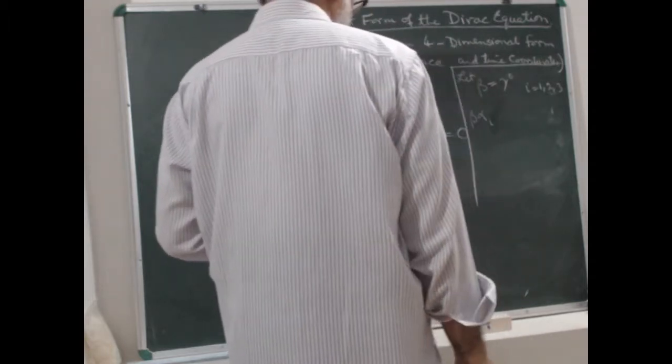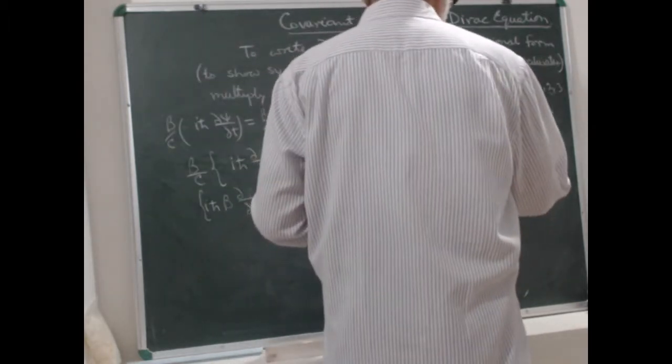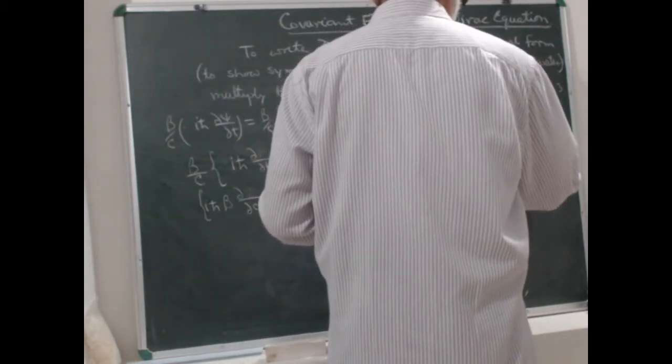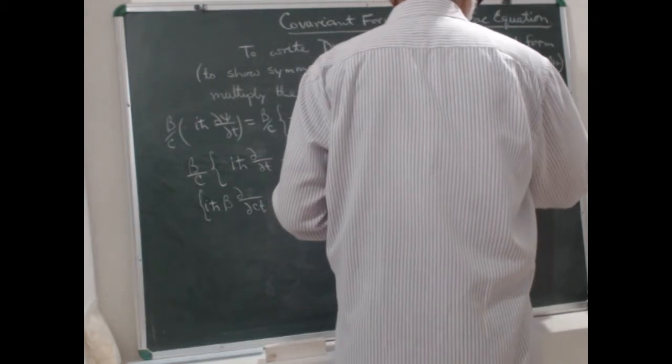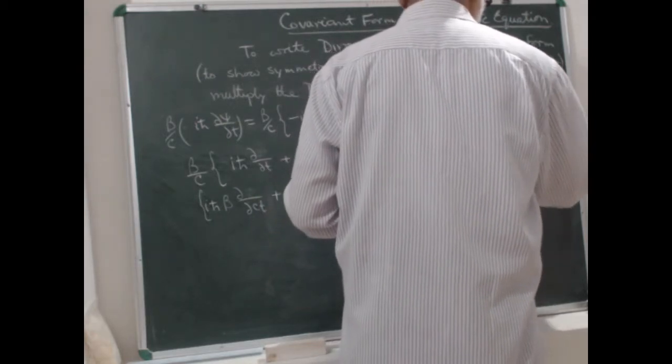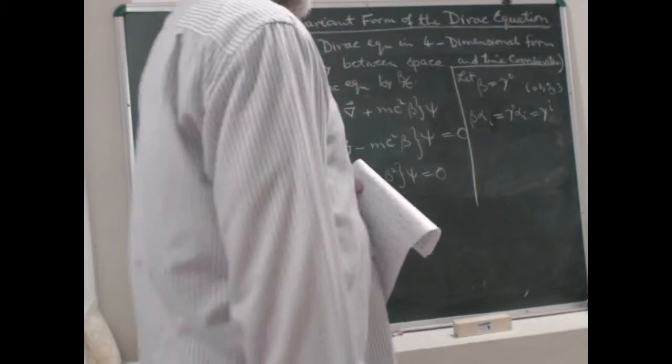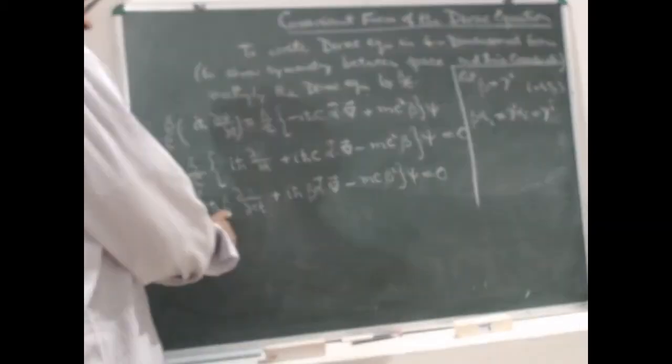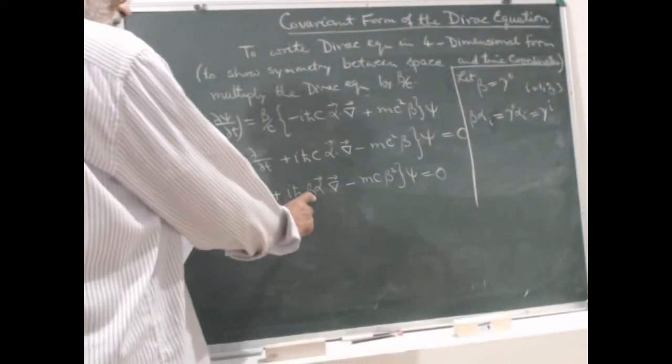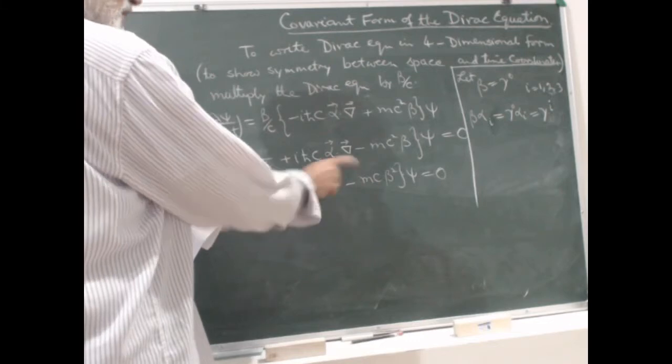So beta alpha I will be equal to gamma 0 alpha I. Let us call it gamma I. So this becomes gamma 0, and this beta alpha will become gamma.